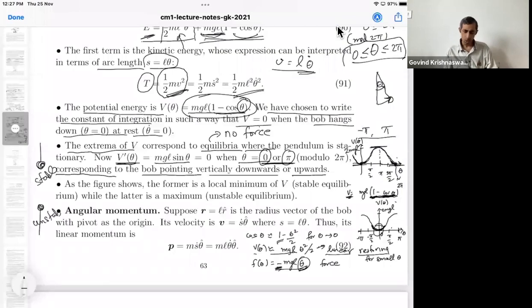And that is now also fairly clear from our figure. Here, theta equal to pi is a maximum of the potential, so no wonder it's an unstable equilibrium point. This is a minimum of the potential, so it's a stable equilibrium point. So, any question about how we found equilibria or classified them as stable, unstable?